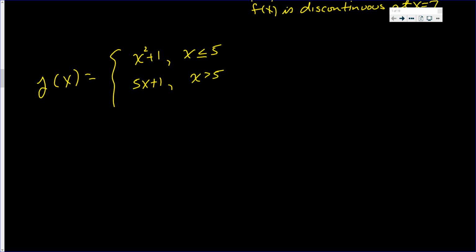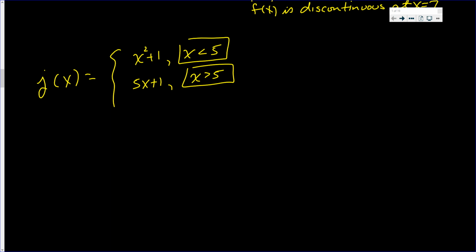I have one typo here. No less than or equal. x is less than 5, or x is bigger than 5. At this point, I would say the function is not continuous at 5. But there's more.